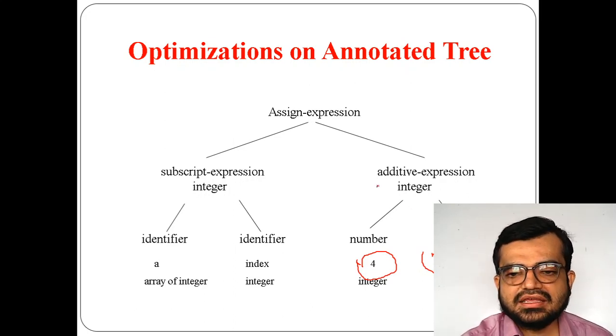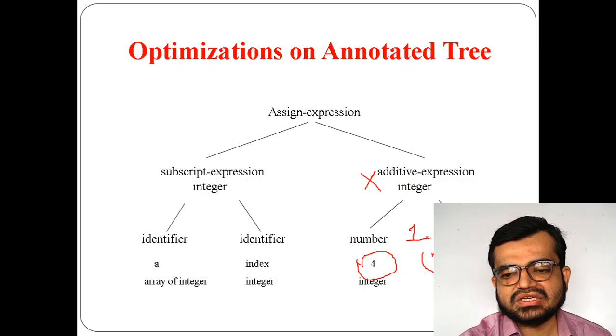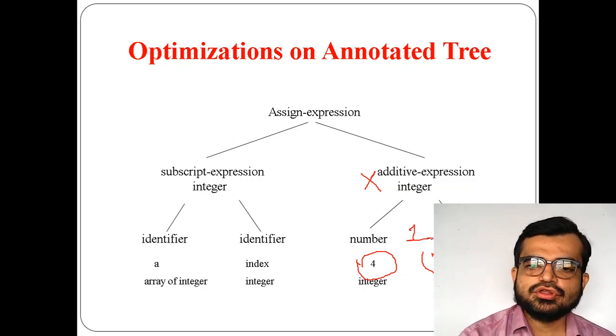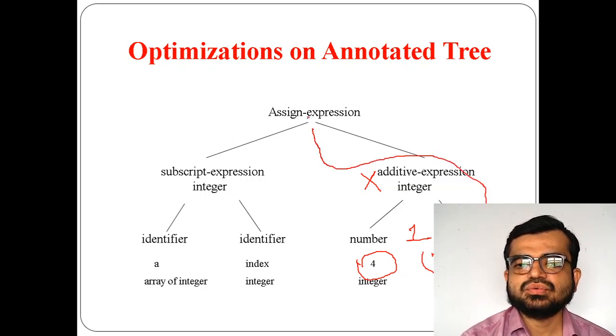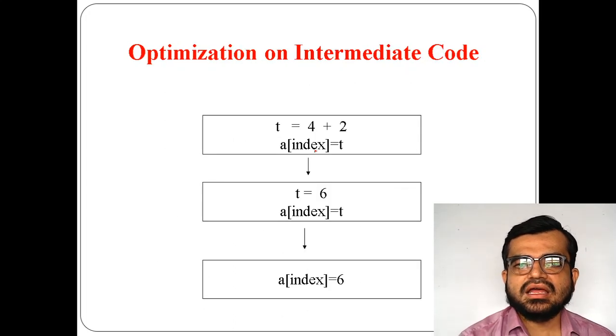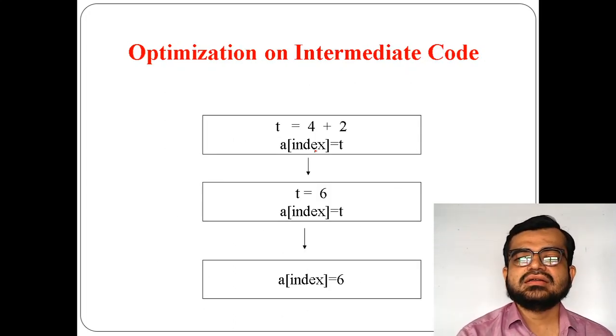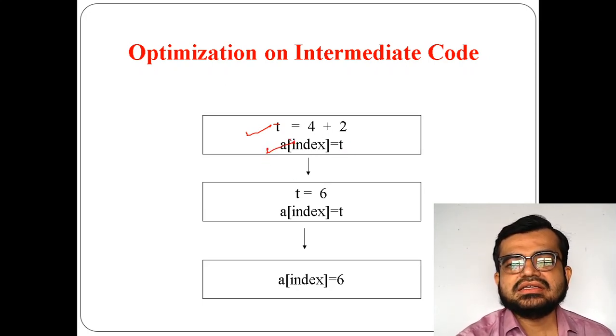That means we remove this part and take only one integer, one number, which directly connects with this. This is how the optimization works here. In the lines of code, you have taken a temporary variable t which is equal to 4 plus 2. First this t will be assigned into A of index. Now what is t?